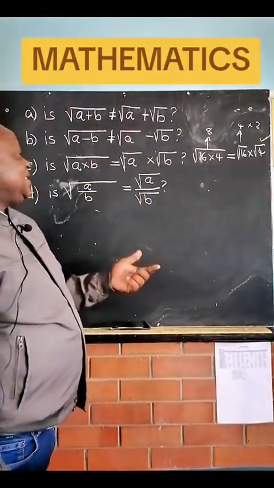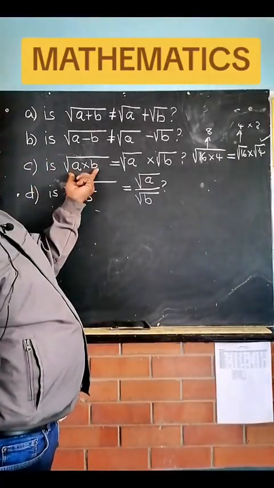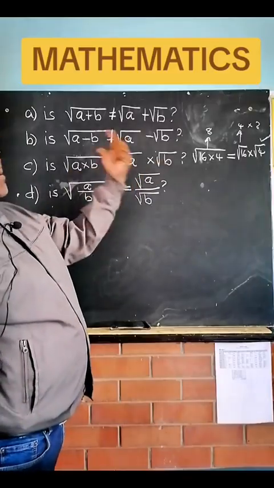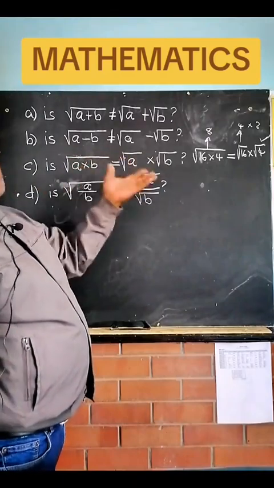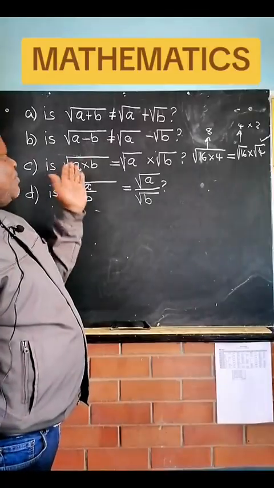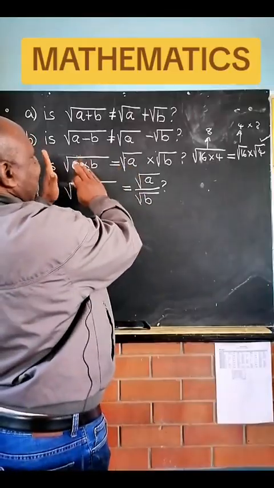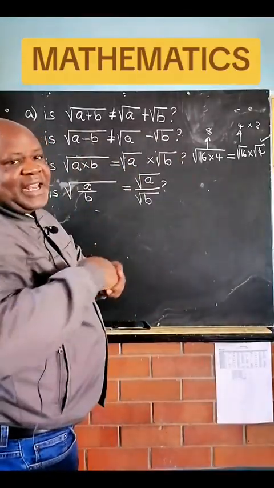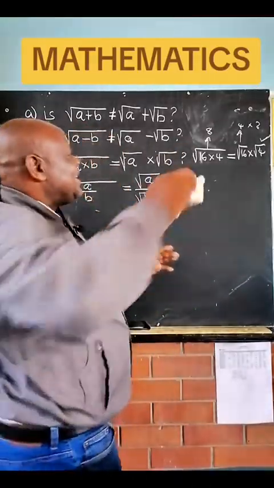In other words, the square root of a product is equal to the product of the square roots. So we can distribute the square root sign separately to the two multipliers, and we get the correct result, the left-hand side equal to the right-hand side. So for this one, it agrees.